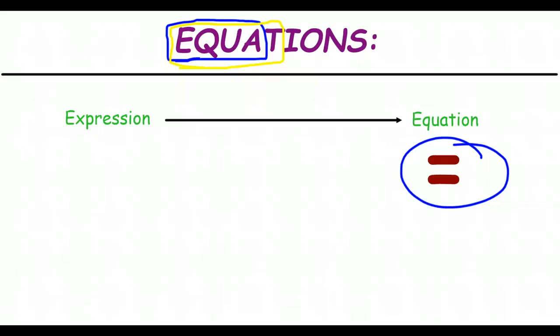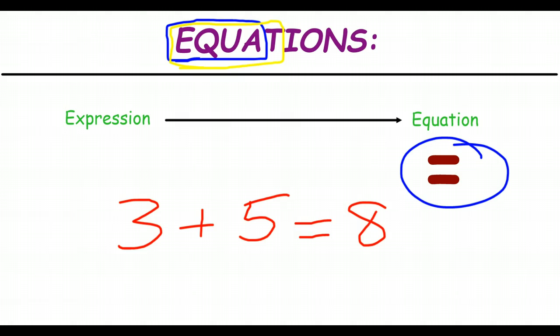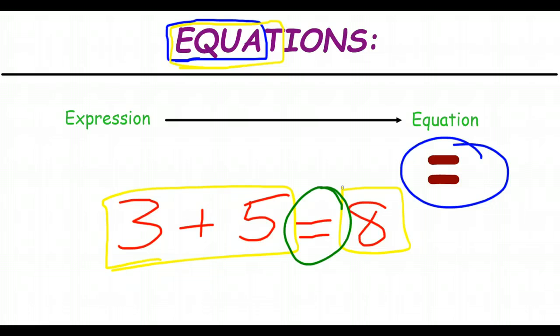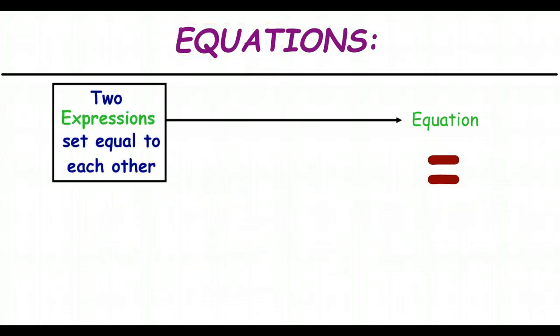And when we get down to what an equation really is and how we define an equation, in the equations that you've seen before, you've seen something like 3 plus 5 equals 8. Now in this case, we have 3 plus 5, which is a numerical expression. We have 8, which even though it's just one number and doesn't include any particular operations, is actually also a numerical expression. So two expressions linked with an equal sign. And it turns out that that is exactly what an equation is.